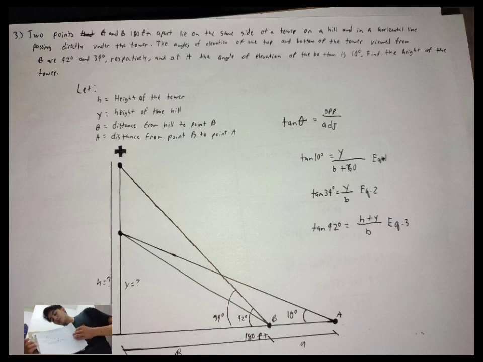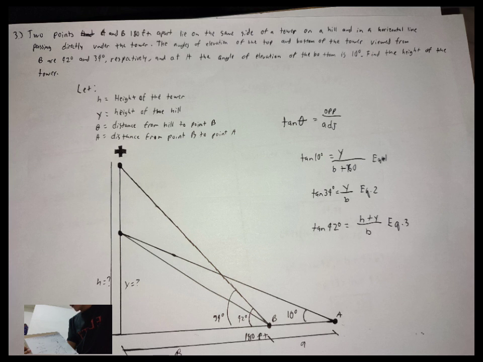So let's move to question number 3. The question here is: two points A and B, 180 feet apart, lie on the same side of a tower on a hill and in a horizontal line passing directly under the tower.